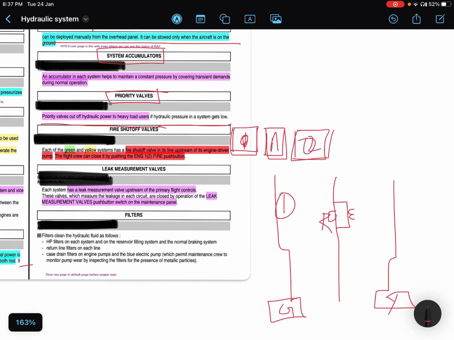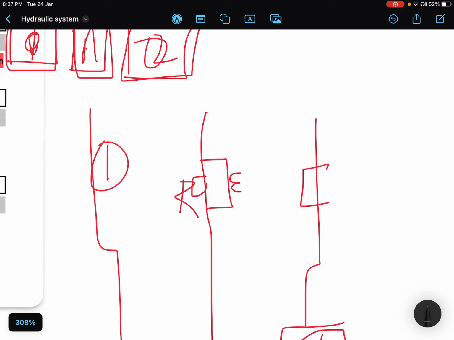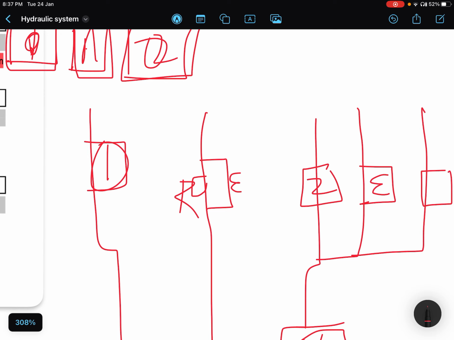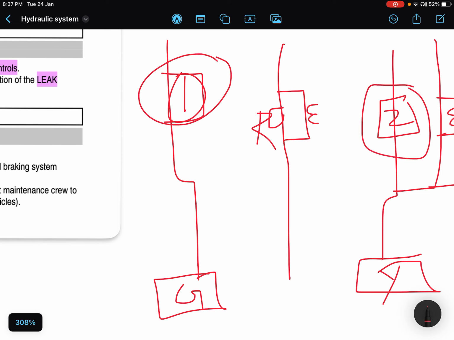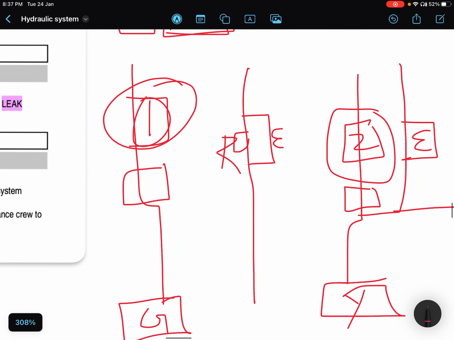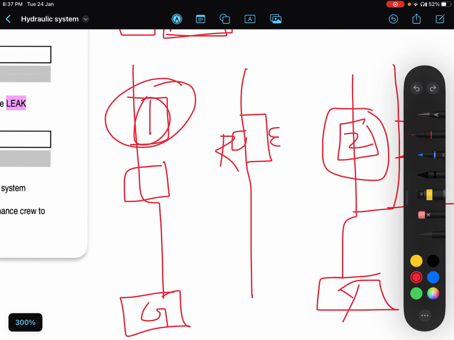Clear? For the yellow system we have three things. One is engine driven pump 2, this is engine driven pump 1, another thing is the electric pump, and the third thing is the hand pump. Correct? So we have only two engine driven pumps, and so the fire shut off valves will be just before these pumps. So these are fire shut off valves, or I should show you there only. Just a second.